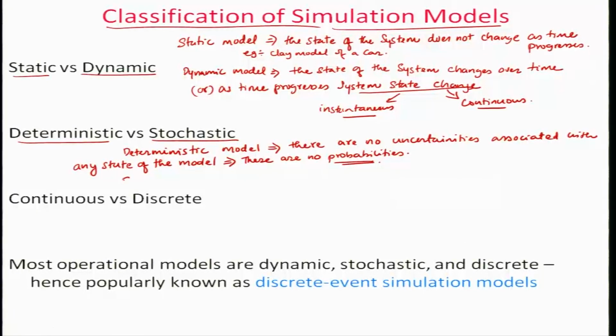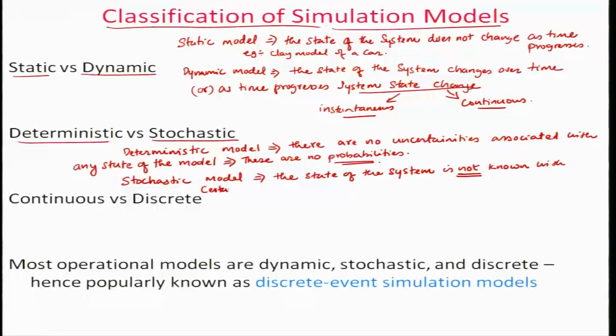On the other hand, a stochastic model implies the state of the system is not known with certainty, this is the most important thing, or it implies that every system state has a probability.